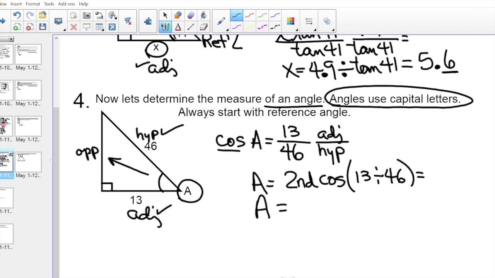See, when you're looking for the angle, we use the second key on the calculator. And so if you push second cosine and fill in the parentheses with our problem of 13 divided by 46, your answer rounded off is 39. Now if you look up here, we don't have any measure of an angle given.